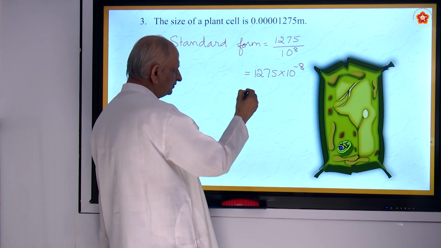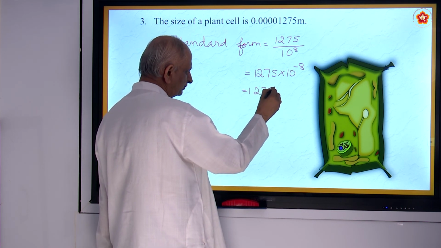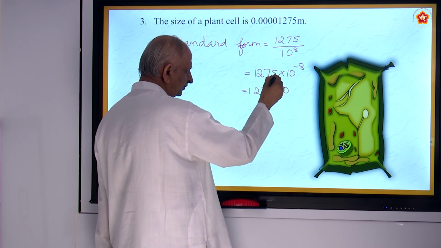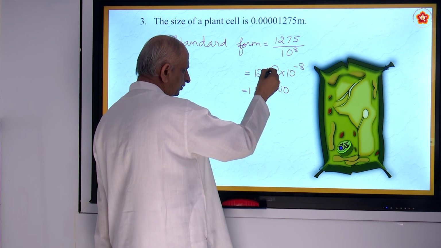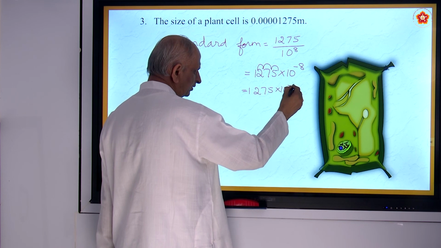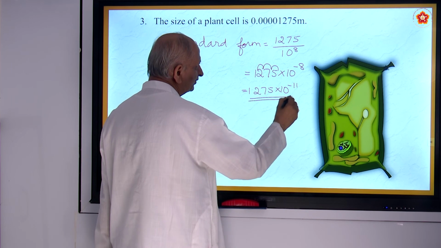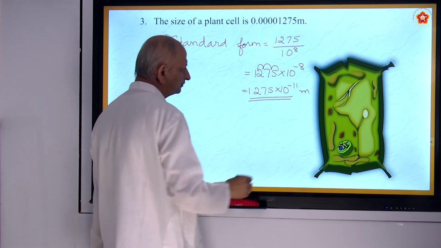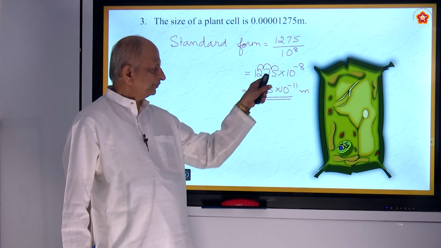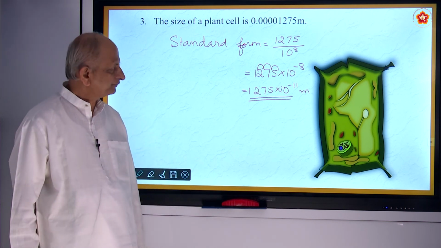So divide by 1000 here. So 1.275 10 to the power of, when you divide, see place is here, bring it left, 1, 2, 3. So 3 places means 1000. So 8 plus 3 becomes 11. So that is the answer. So much of meters. So it is divided by 1000 because the value must be between 1 and 10, that is called standard form, right.